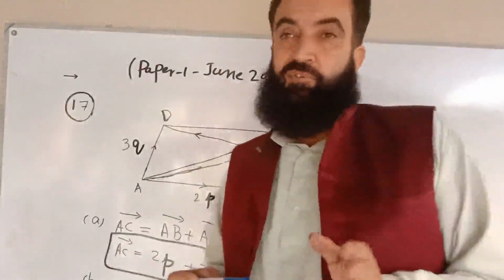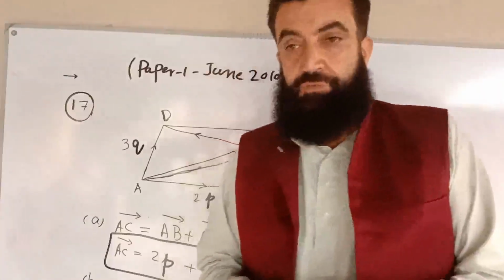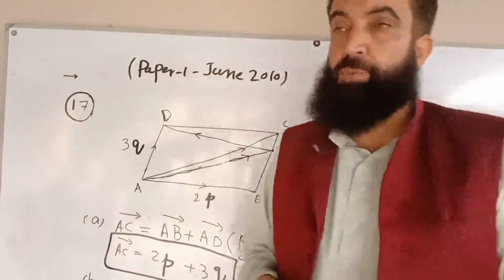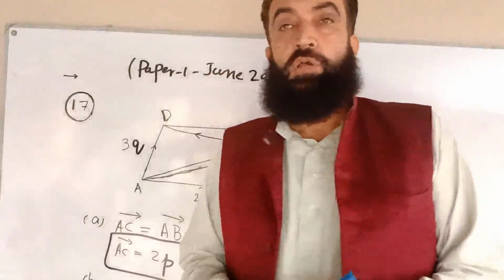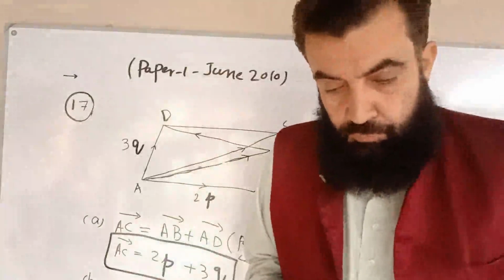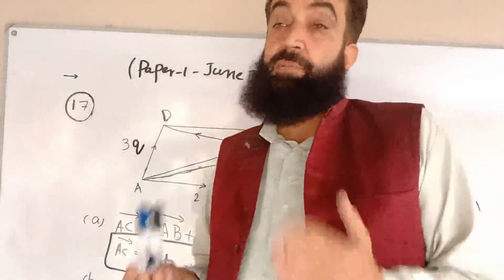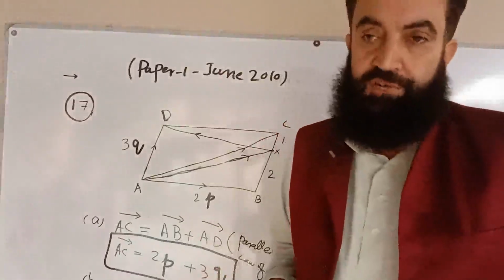Second was probability, in which we use the very basic fact that probability of an event is equal to the number of favorable chances divided by the number of total chances.